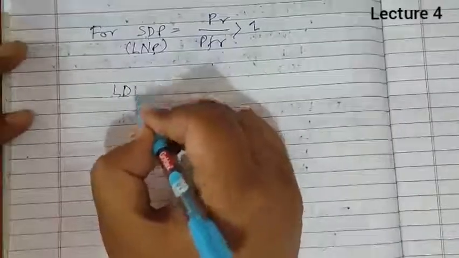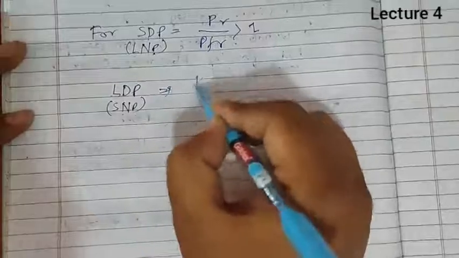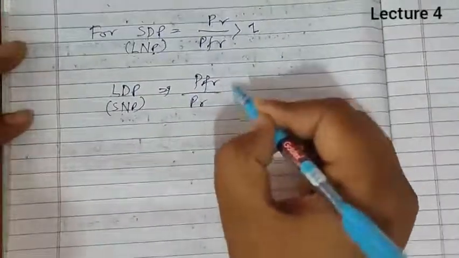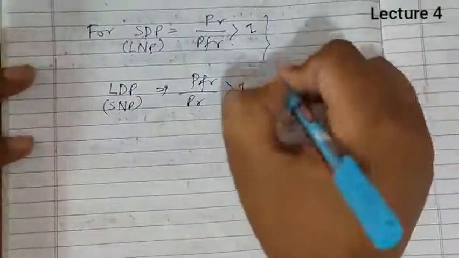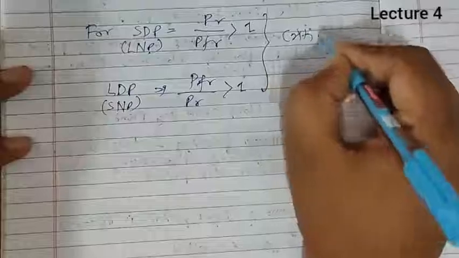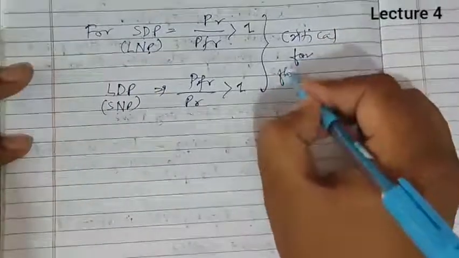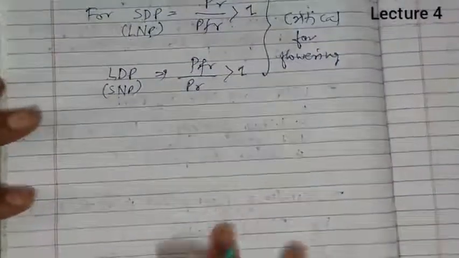And for long day plant or short night plant, PFR get accumulate. So PR upon PFR ratio become less than 1. And these are the ratio which are critical for flowering. So that you should remember.